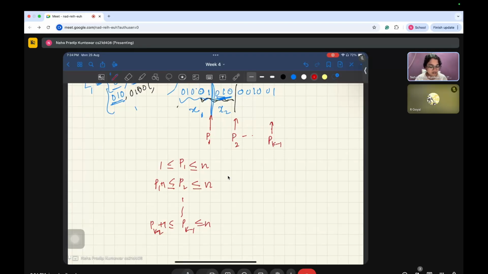As a first attempt, with a very loose counting, each pi is at most n, so there are n choices for each of these pi's. Altogether you have n to the k minus 1 possible partitions, but this quantity is still polynomial if you choose k to be a constant.